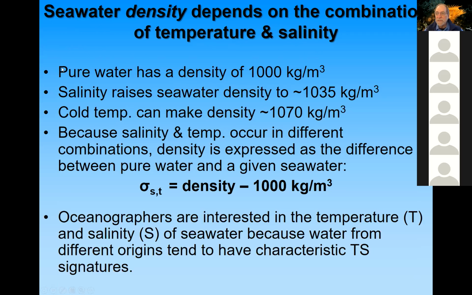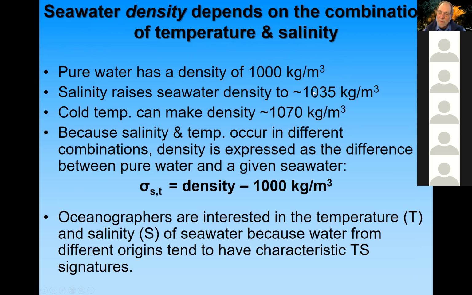So this allows us to do a little simple arithmetic. Pure water has a density of about 1,000 kilograms per cubic meter. It's the same density as 1 gram per cubic centimeter, just scaled up to give it a bigger range and make some of the arithmetic that we're doing simpler.